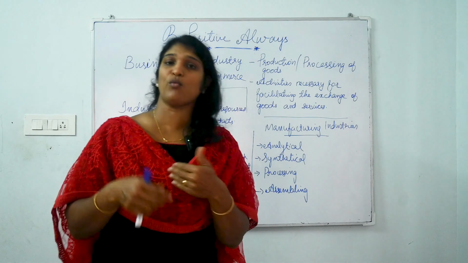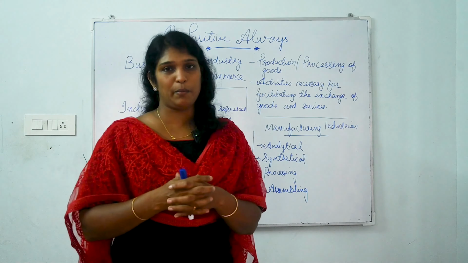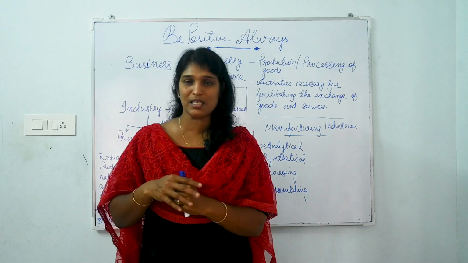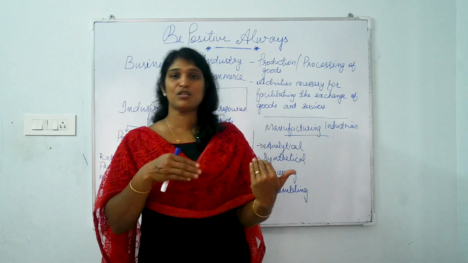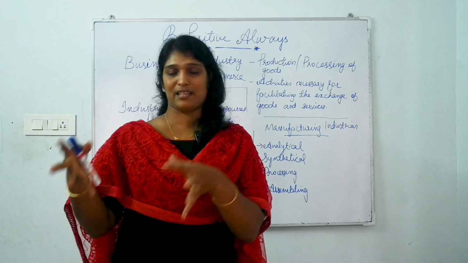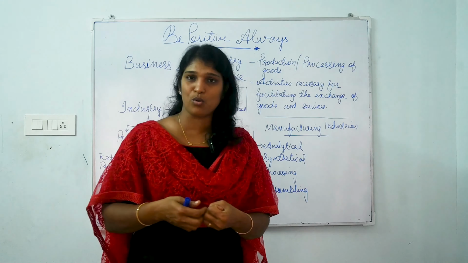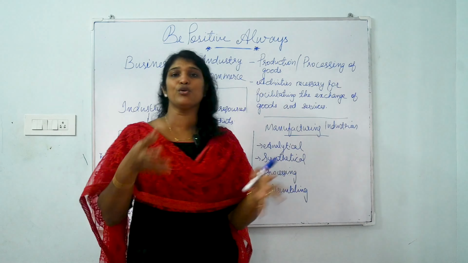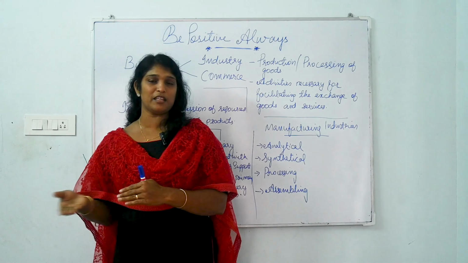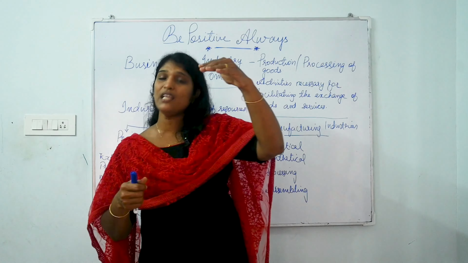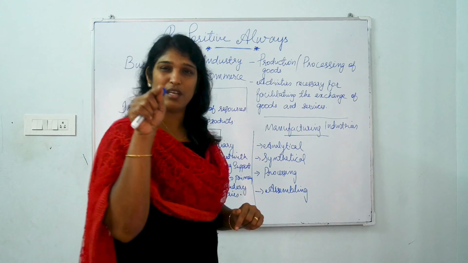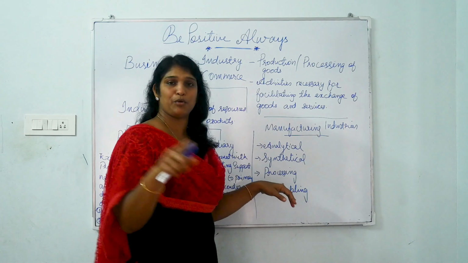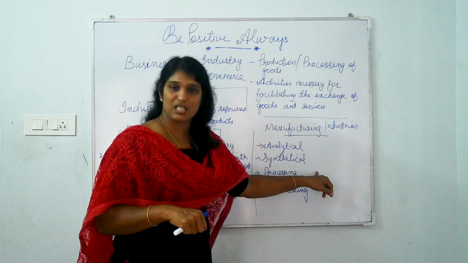First of all, the wood will be cut and made into pieces, that will be pasted, and that paste will be washed and drained out, and that is used for making the paper. That means various stages are there. The industry which requires various stages or steps in production we can call processing industry.